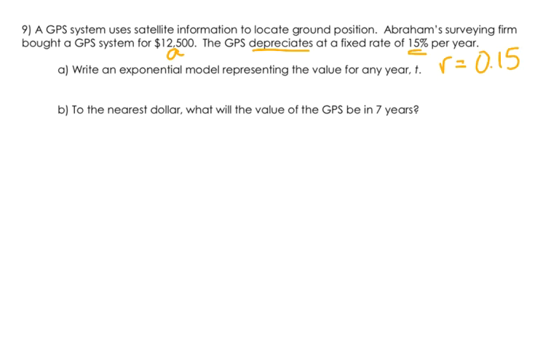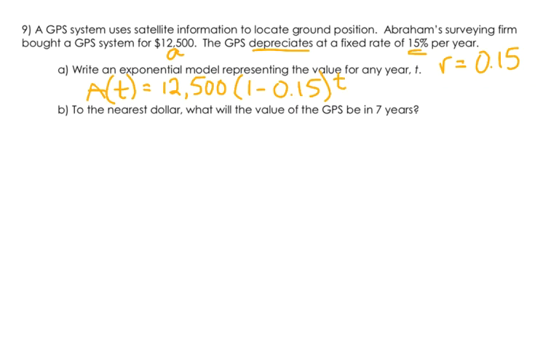Write an exponential model representing the value for any year t. When you see that, it means leave the t there. Alright, a sub t is equal to our starting amount, which is 12,500, times 1 minus r, r was 0.15, to the t power.